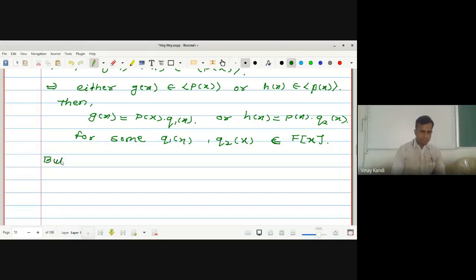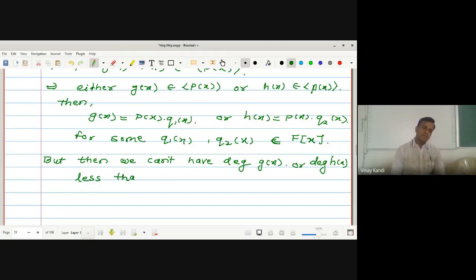But then we can't have degree of g of x or degree of h of x less than p of x. What can we say from this? Look here. From these two statements, what will the degree of g of x be?